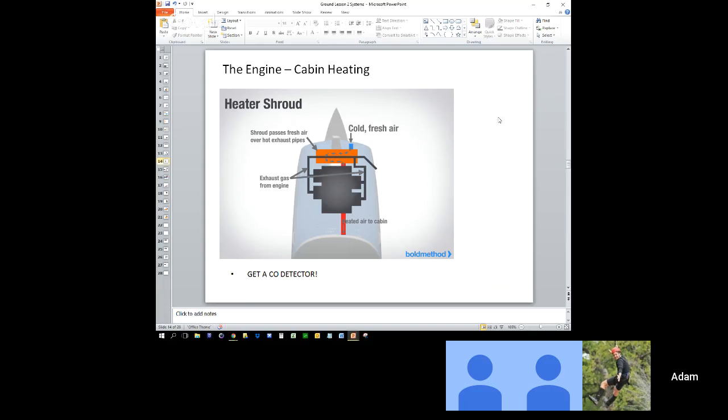And what that means is there's heat exchange occurring in a heating manifold near the engine between the engine and the cabin heater, and that cabin heater is bringing some of that exchanged heat from the engine into the cabin. Very similar to how your car heater works.